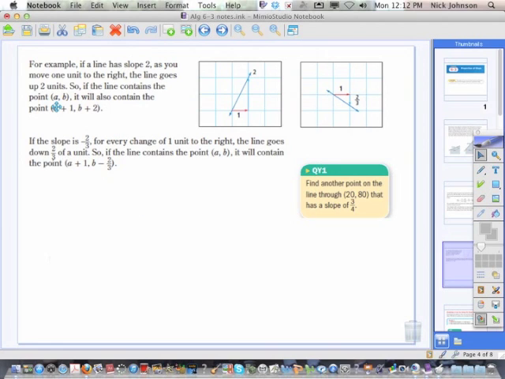So if the line contains the point (A, B), it will also contain the point (A + 1, B + 2). It only moves 1 unit to the right, so you take your x value plus 1, but it goes up 2, so you take your y value, which is B, and add 2.